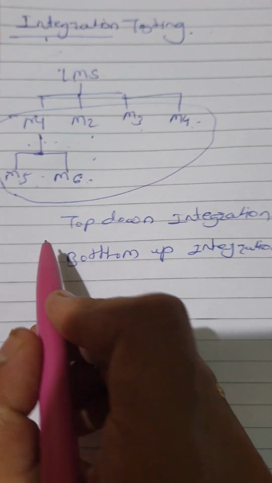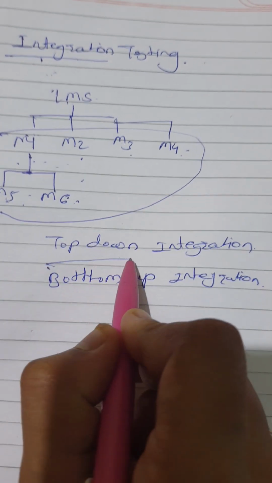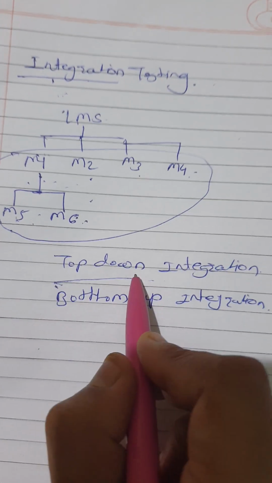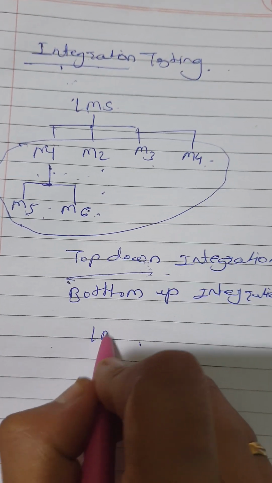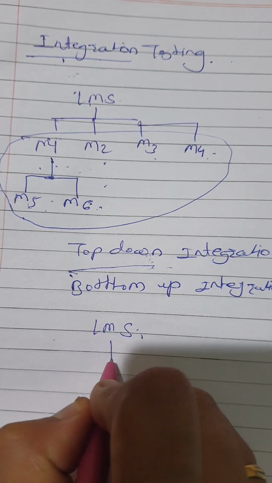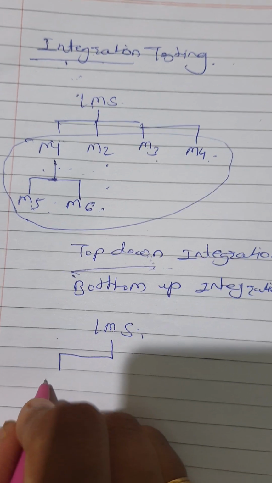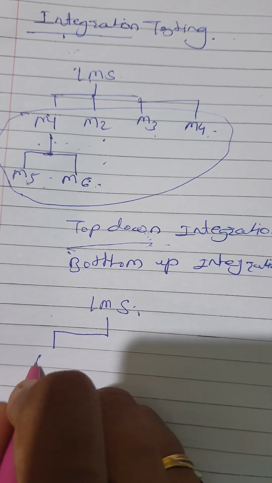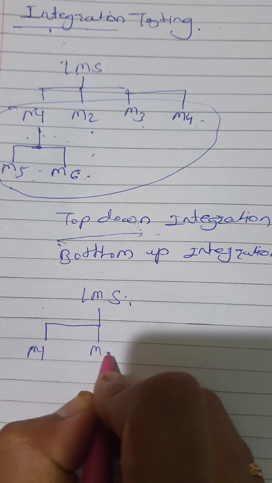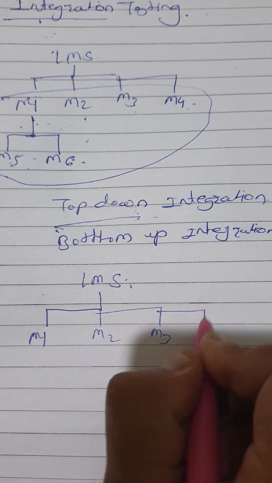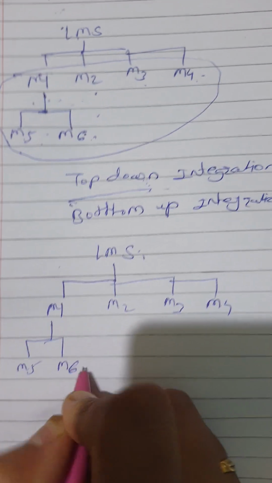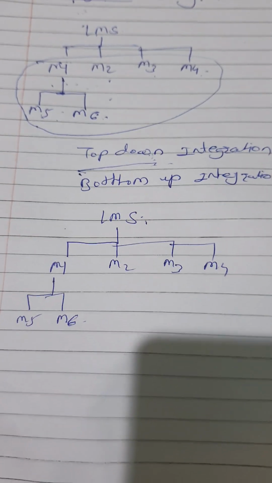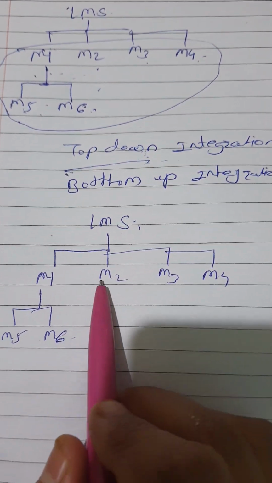So top down integration testing means testing is performed from top to bottom. Suppose the library management system is a software. It is categorized into different modules: M1, M2, again M3, M4, again M5, M6. Suppose this is your software broken down into modules.